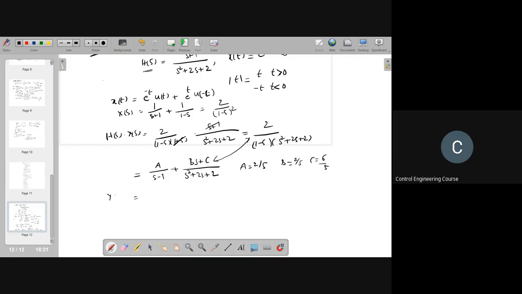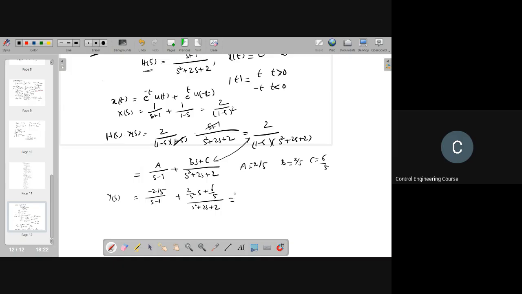Now Y of s is equal to minus 2 by 5 by (s minus 1) plus (2 by 5 s plus 6 by 5) by (s square plus 2s plus 2).